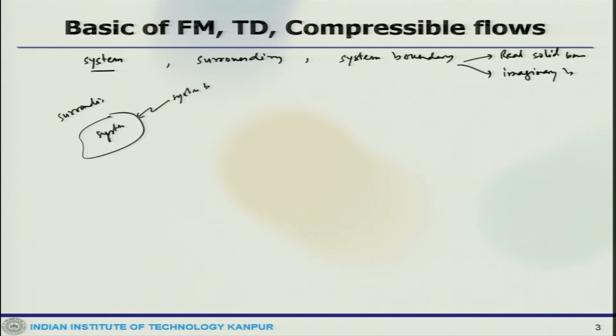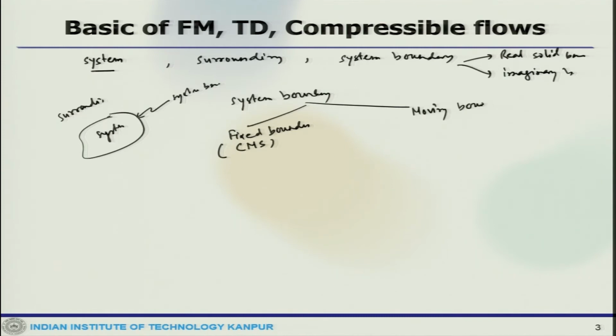Now, the system boundary can be classified into two different categories. One is the fixed boundary, which is called the control mass system, or it could be a moving boundary, which is called the control volume system.